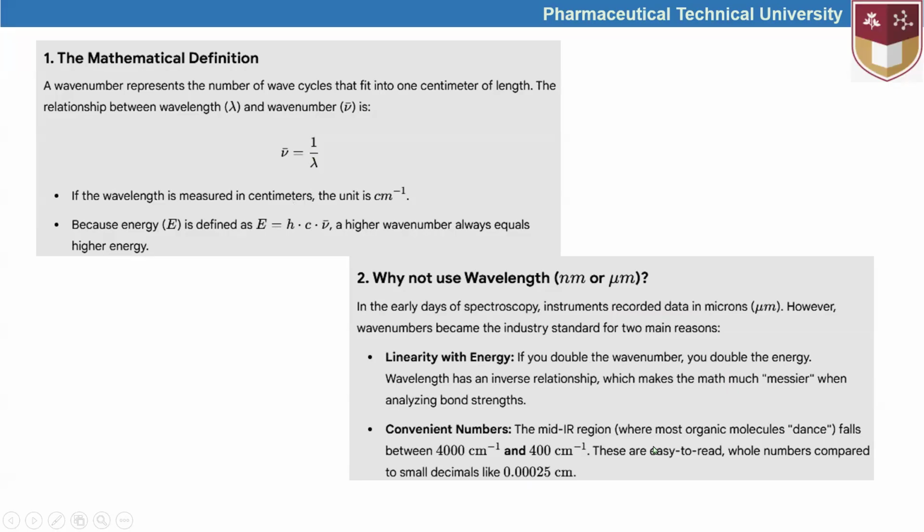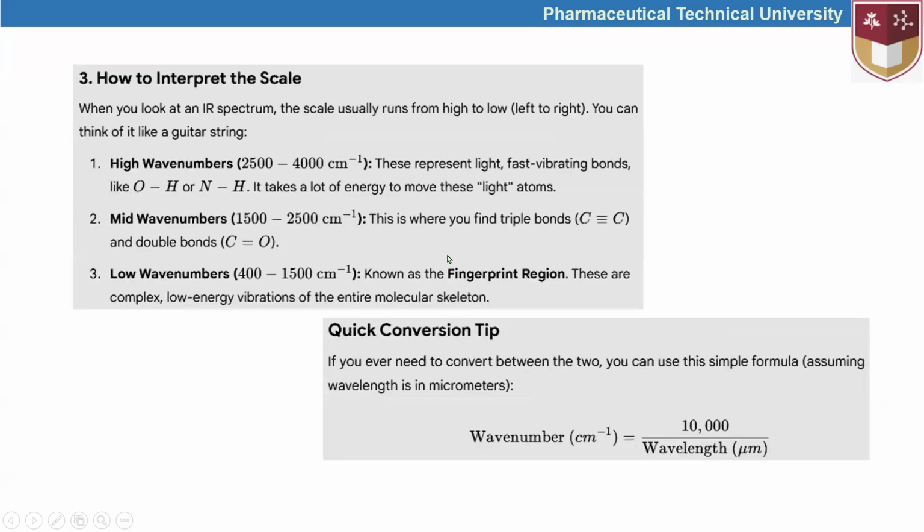Next, how to interpret the scale. When you look at an IR spectrum, the scale usually runs from high to low, from left to right. You can think of it like a guitar string. High wave numbers, from 4,000 to 2,500 reciprocal centimeters, represent light, fast-vibrating bonds like the bond between oxygen and hydrogen, or between nitrogen and hydrogen.